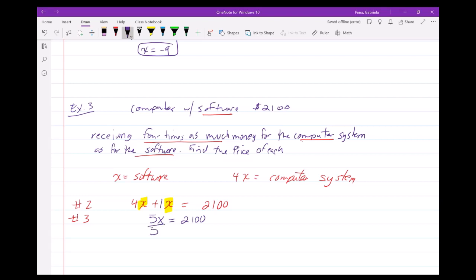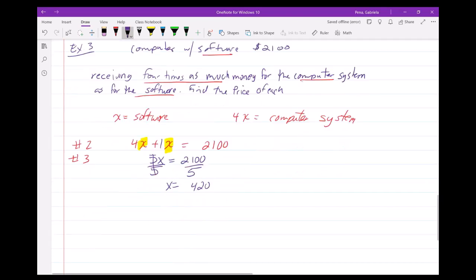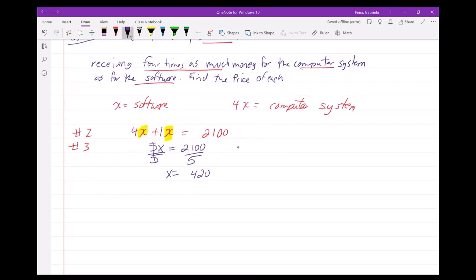I'm going to divide by 5, divide by 5. X equals 2,100 divided by 5, which is 420.